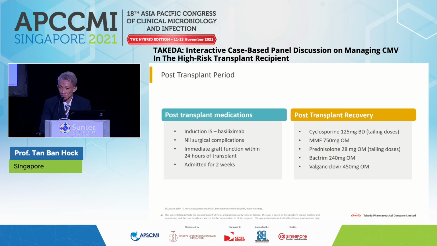She is induced with basiliximab. There were no surgical complications. She had very immediate graft function, and she stayed for just 2 weeks or under. And the post-transplant recovery was also quite good. She had cyclosporin. By the time we saw her, it was already 125 BD, which wasn't very high. MMF less than a gram a day, and all the others, which were quite standard.